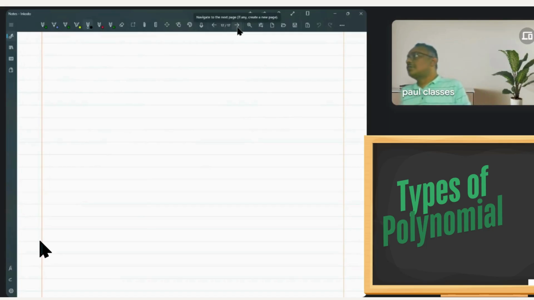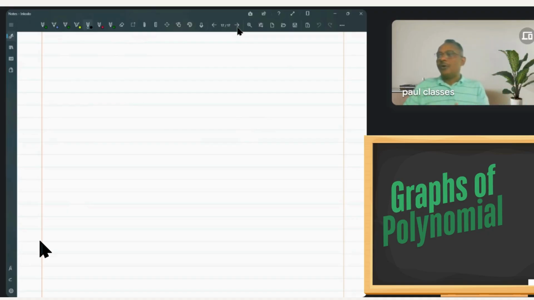The first topic, that was definition of a polynomial. Now graphically, how do you visualize a polynomial? एक polynomial दिखता कैसे? How is a polynomial shown in a graph? The graphs of a polynomial.